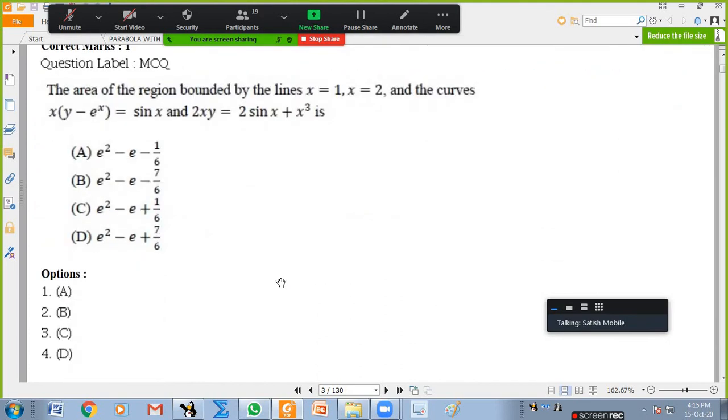Okay, the third question is about areas, even though we are discussing areas through definite integration. I have to tell one small point, and I think 3, 2, 1 will complete today.